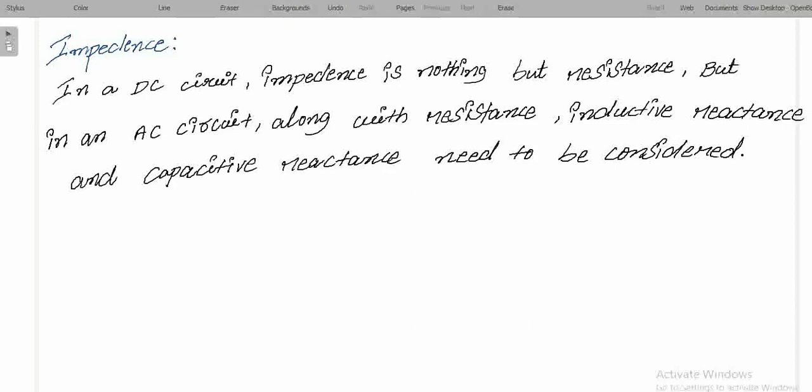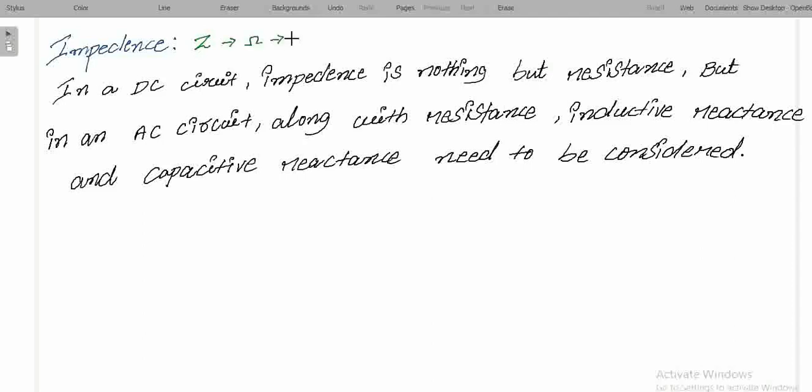Hello students, in this session we are going to see a new topic, that is impedance. Generally impedance is denoted with Z and the unit for impedance is ohm.